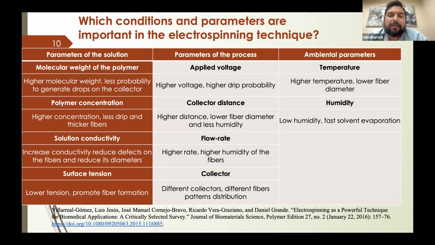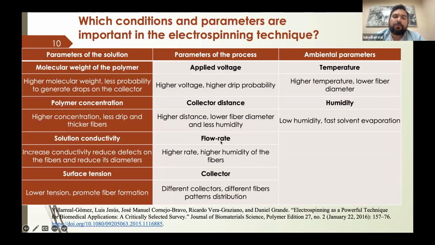You can vary the distance between the collector and the injector. With a higher distance, you will have thinner fiber diameters. And if you put the collector and the injector closer, you will have thicker fibers.